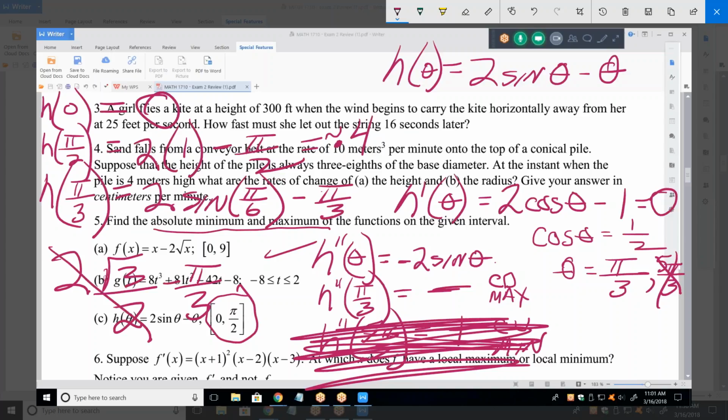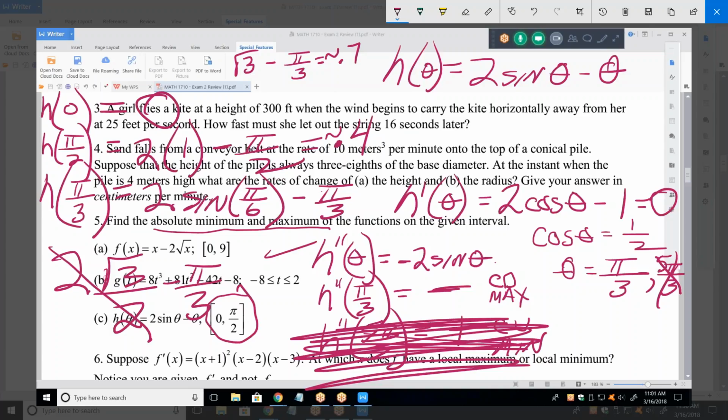So we got root 3 minus pi over 3, which is like 1. And root 3 is 1.7, so 1.7 minus 1 is approximately 0.7. So that's all we need to know.